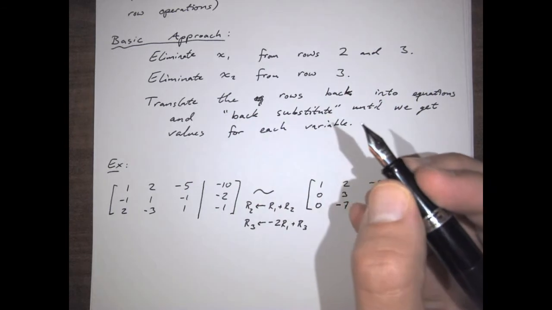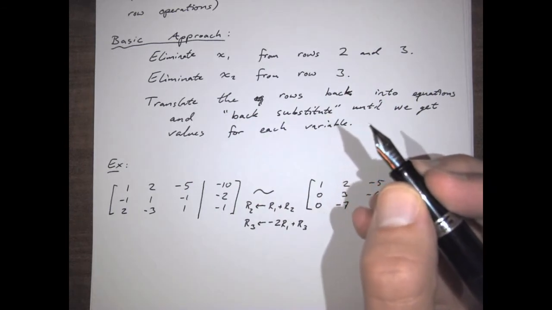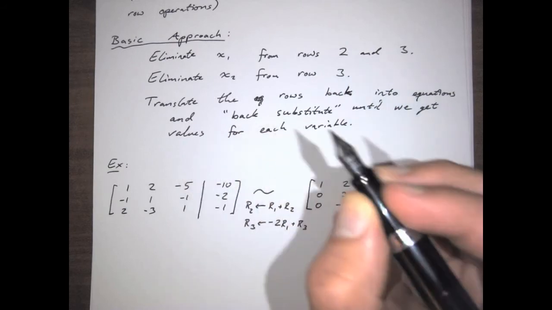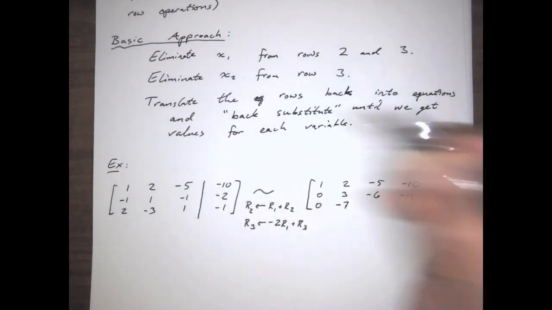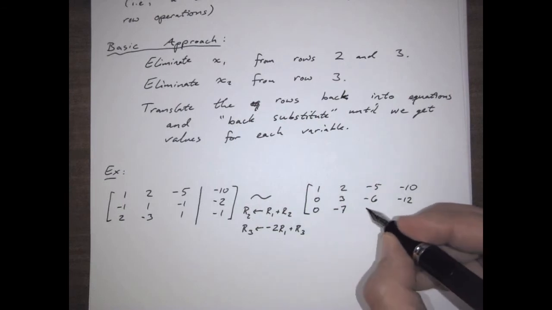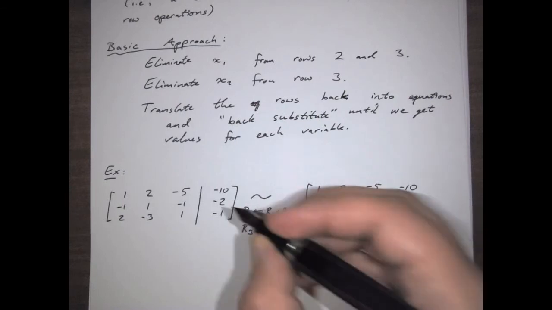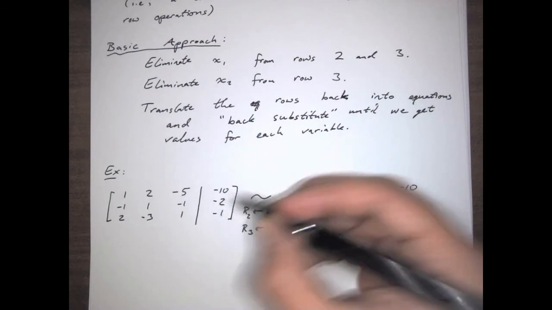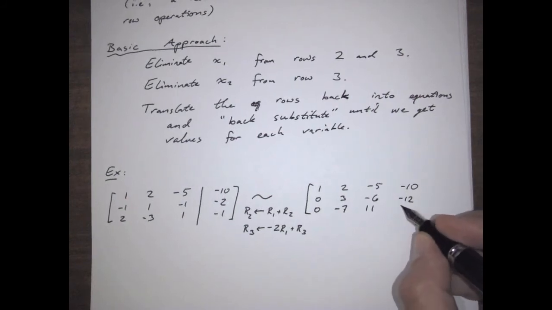Negative 2 times 5 is equal to positive 10 plus 1 makes 11. And then negative 2 times negative 10 is positive 20 plus negative 1 is positive 19.